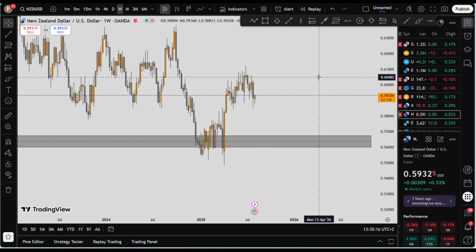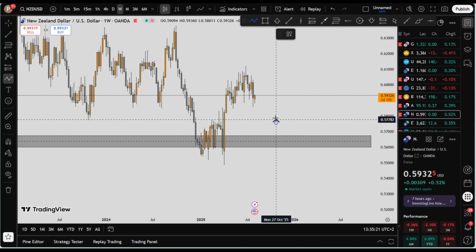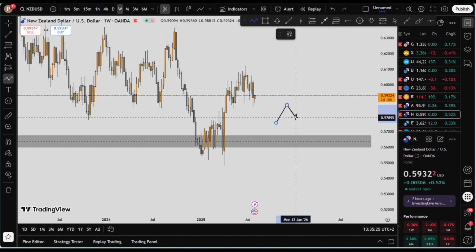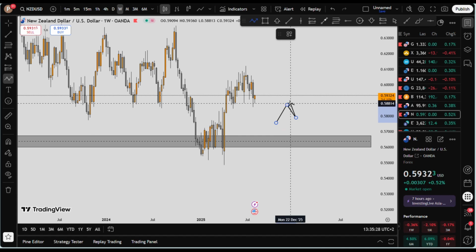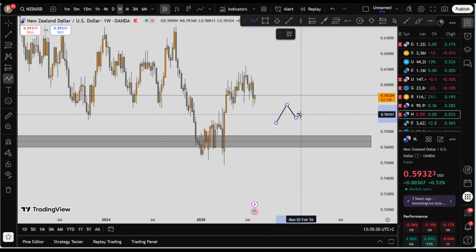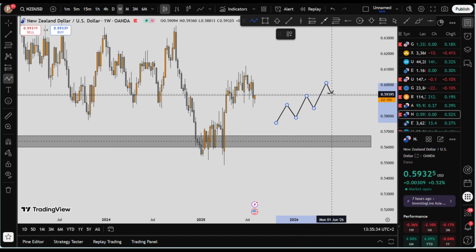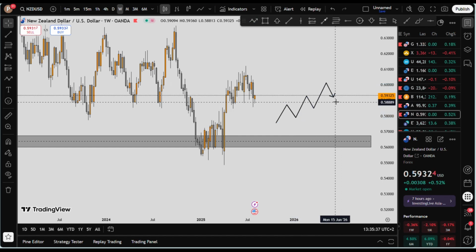Let me explain how we identify an uptrend: when we see the creation of higher highs and higher lows. This indicates to us that this is an uptrend, because the market keeps breaking highs and makes new higher lows. So the lows keep getting higher, the highs keep getting higher, right?